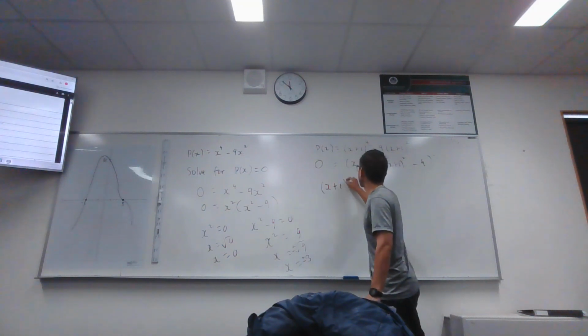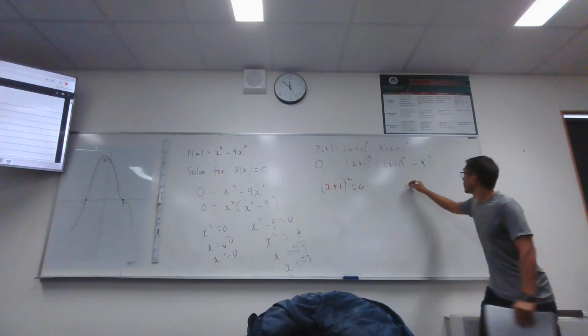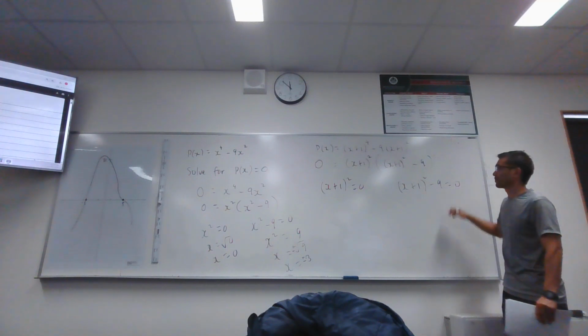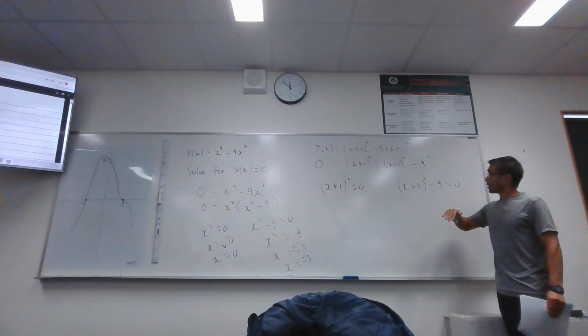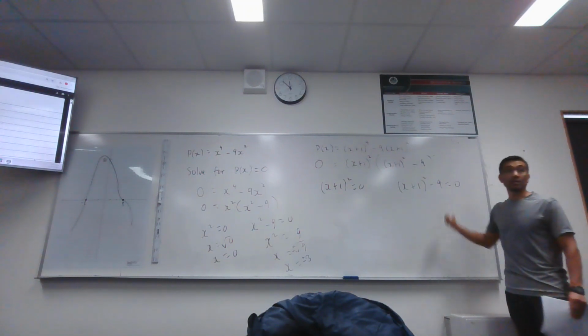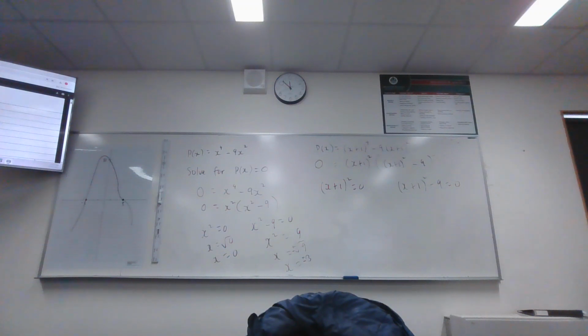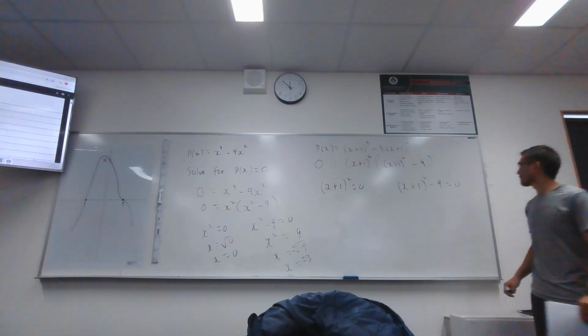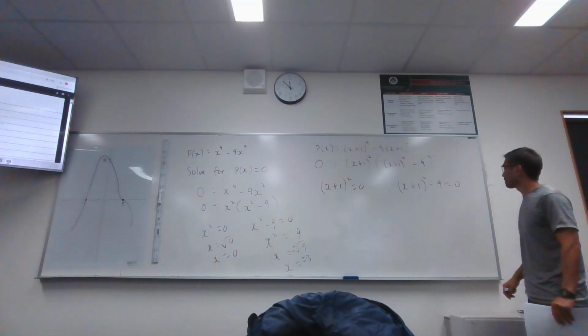X plus 1 squared could be the 0. X plus 1 squared minus 9 could be the 0. What do we do when I have something squared minus a 9, Amy? You made it 9 to 95.